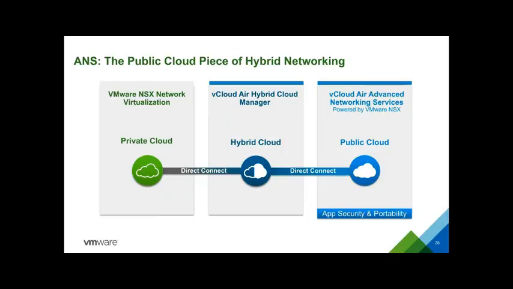These are networking and security services in the public cloud that are enabled by vCloud Air, but ultimately leverage the NSX technology as the underlying networking platform. The same way we're going to leverage NSX within vCloud Air, we're going to leverage the rest of the VMware technology to power the service.